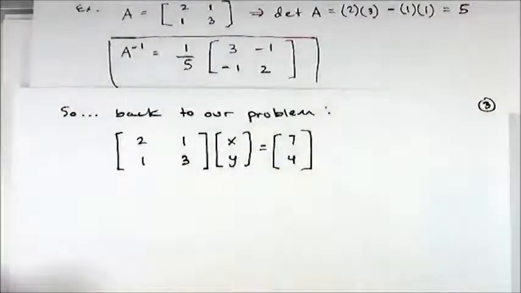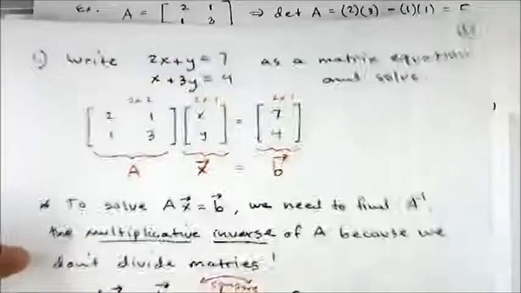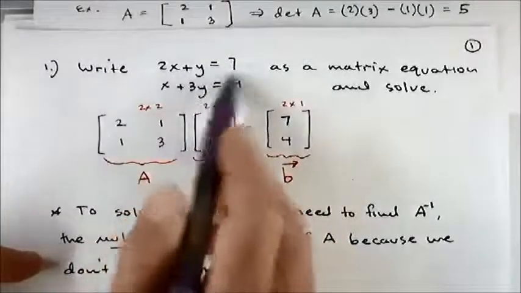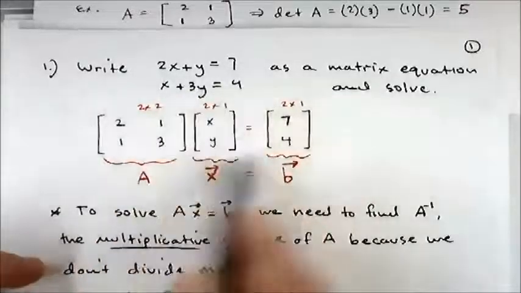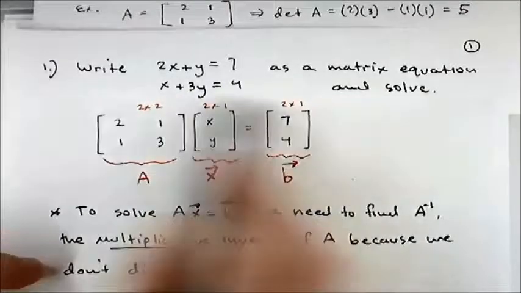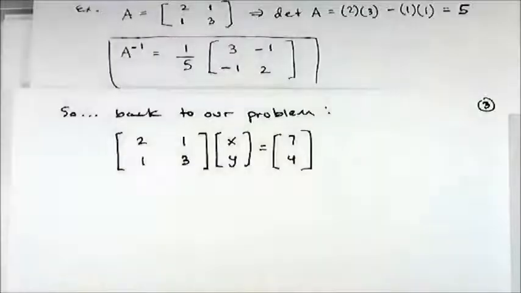Way back when, on the first page of my notes, we were trying to solve this system of equations, 2x plus y equals 7, x plus 3y equals 4. We wrote it as a matrix equation, but we have not solved it yet. So let's talk about the solution.